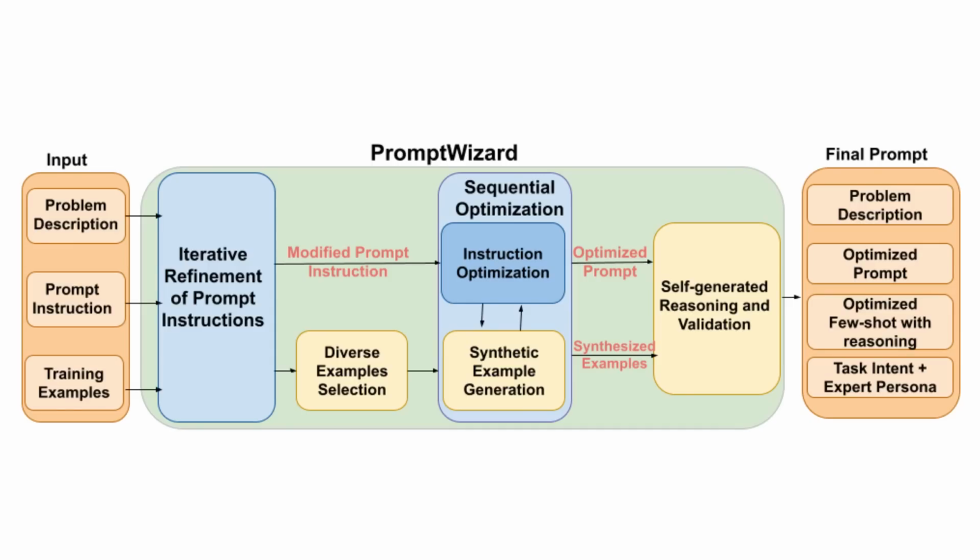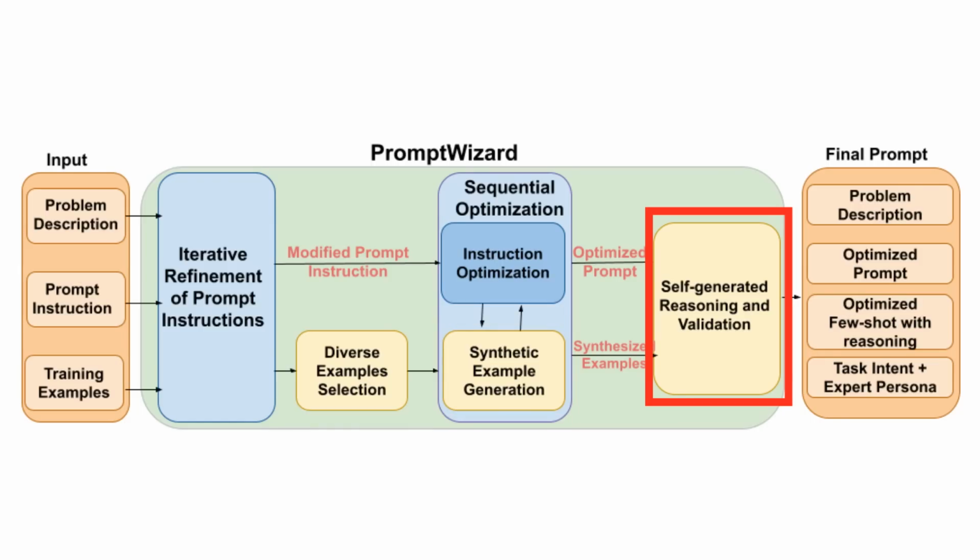Now you can see that what this will do is basically refine those prompt instructions so that they get passed along and we can test out different modified prompt instructions. It will select diverse examples from your training examples for the in-context learning, and then be able to generate synthetic examples out.